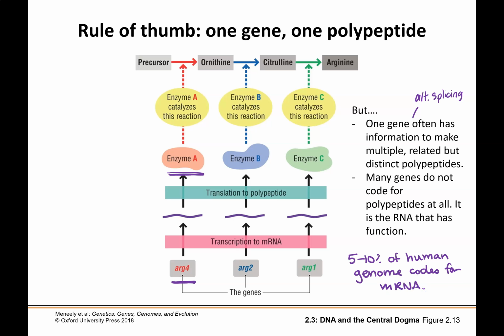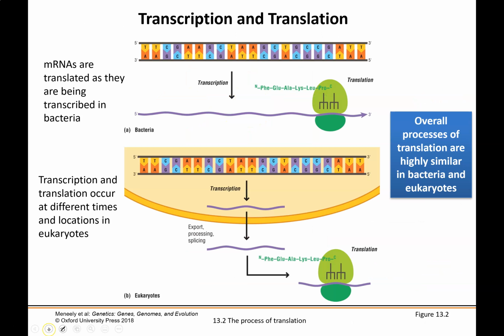A lot of the genome actually codes for these other functional RNAs. So we're not going to say too much more about those RNAs until we get to the actual process of transcription. But just keep in mind that although we are focusing on this process of transcription in such a way that we learn all about those messenger RNAs and all about those proteins, the genome is actually coding for a lot of other things besides just proteins.